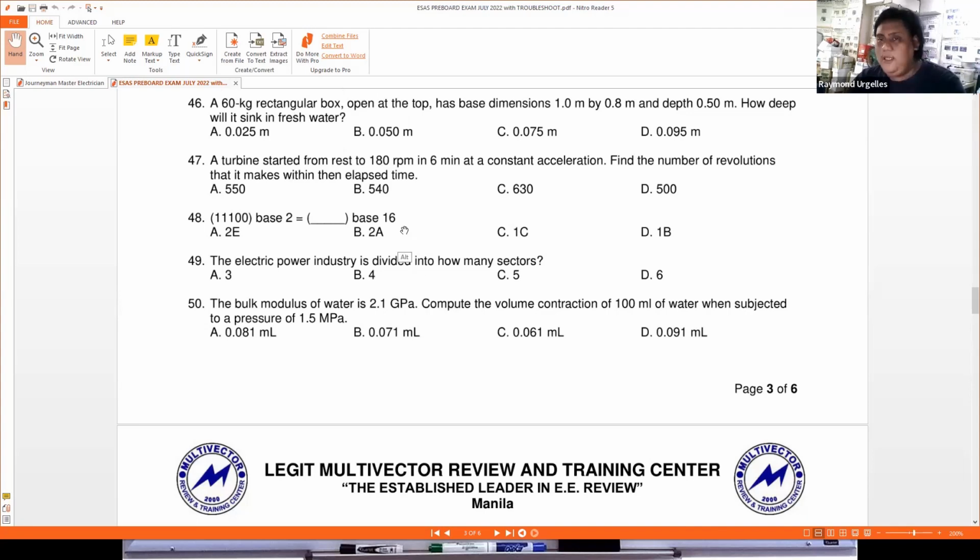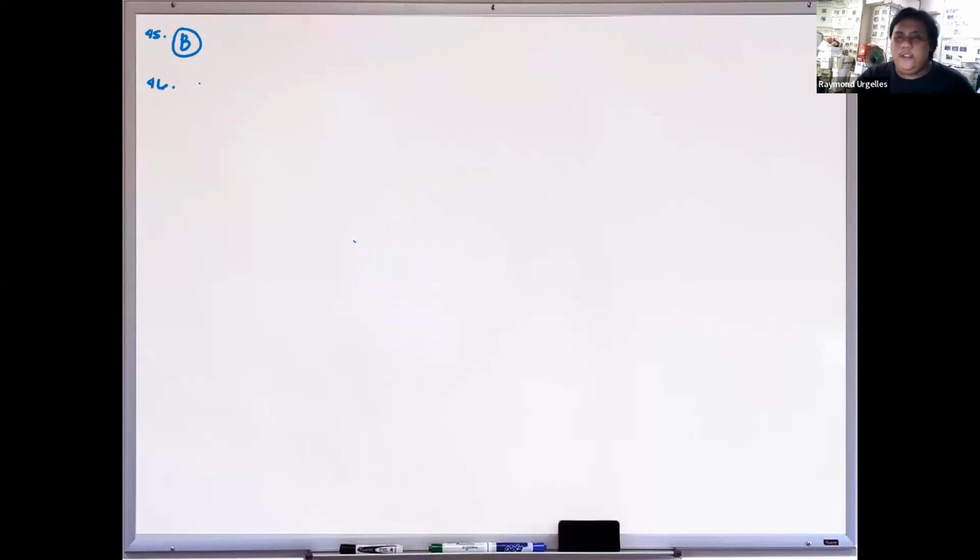So what we will do first is remember that the buoyant force is equal to the weight. The buoyant force is given by omega multiplied by the volume V, which is the displaced volume, meaning the submerged volume. This equals mass times acceleration due to gravity, where the mass is the mass of the box.